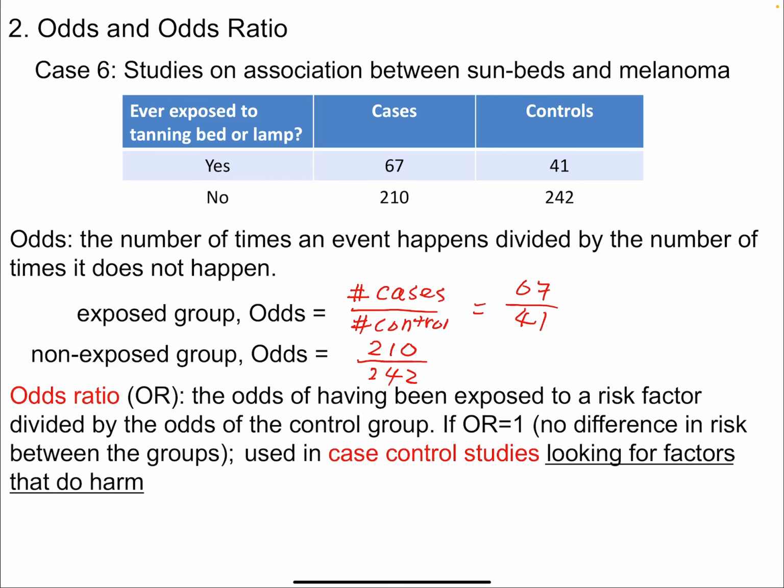Odds ratio is the odds of having been exposed to a risk factor divided by odds of the control group. In this case, the odds ratio is the ratio between these two. So it equals 67 divided by 41, over 210 divided by 242.